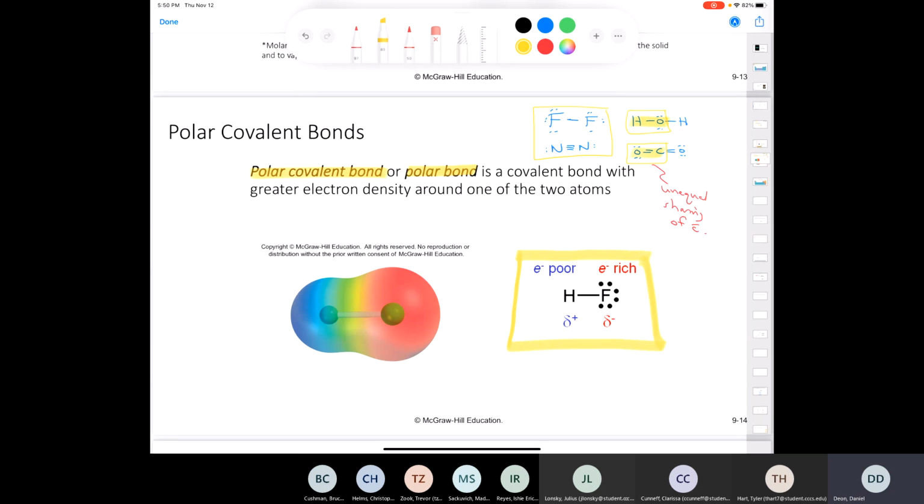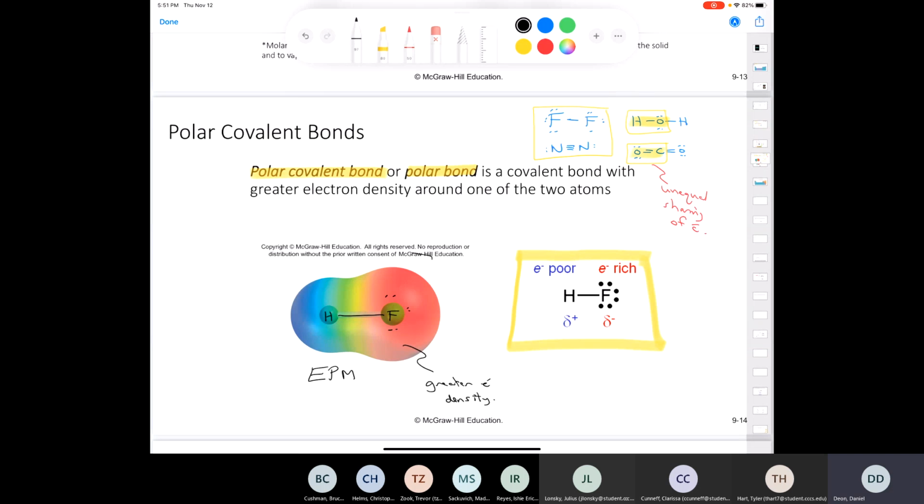Hydrogen fluoride. If you look at what's called an electrostatic potential map of hydrogen fluoride, this being the hydrogen, here's my bond, and this being the fluorine, the more red the electrostatic potential map is, it means greater electron density.